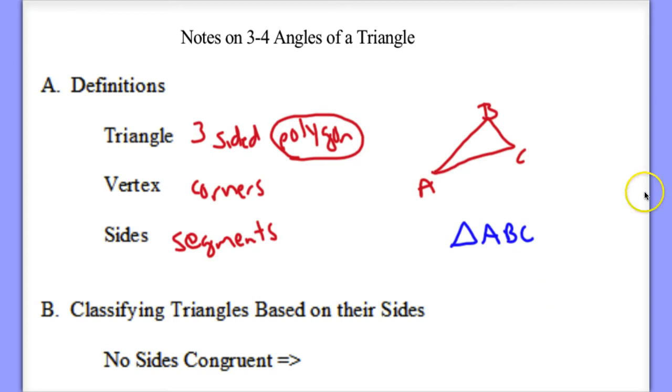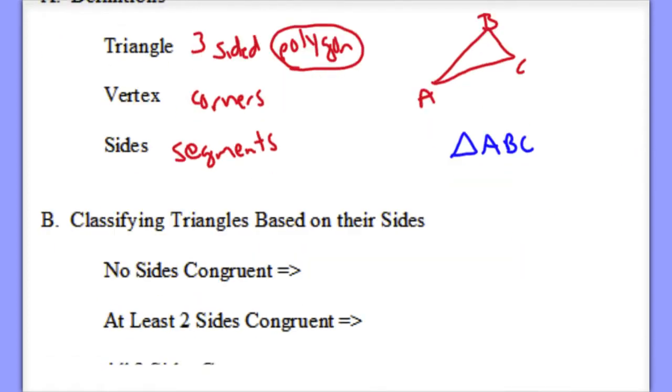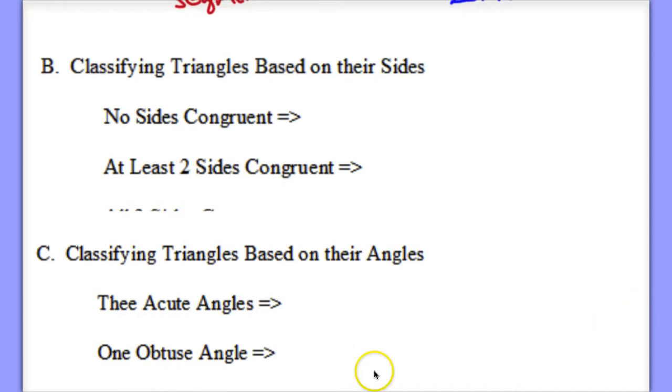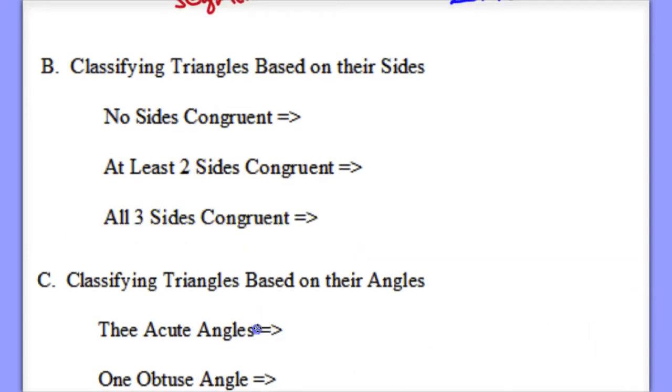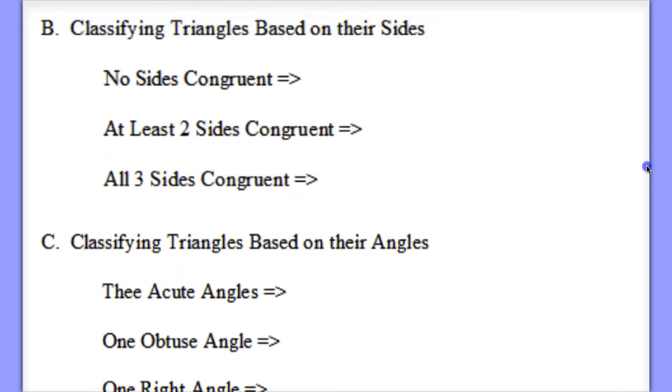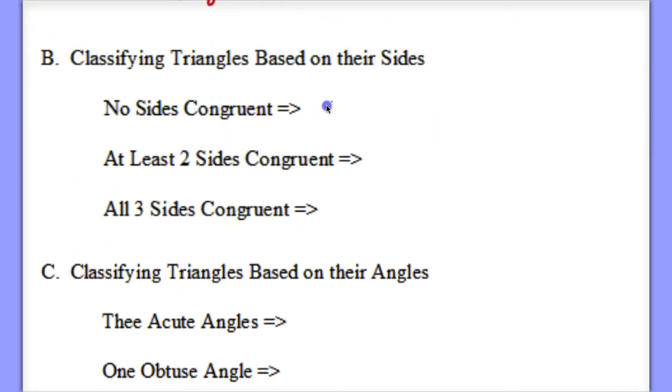Let's take a look at classifying triangles based on their sides. So a triangle with no sides congruent would be called scalene. A triangle with at least two sides congruent would be called isosceles.